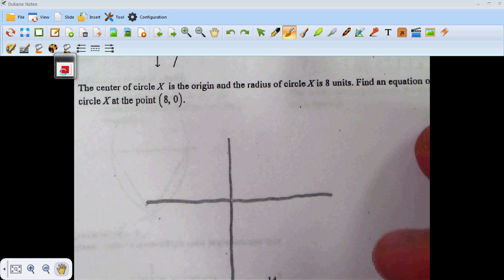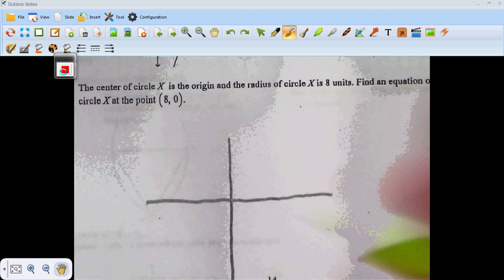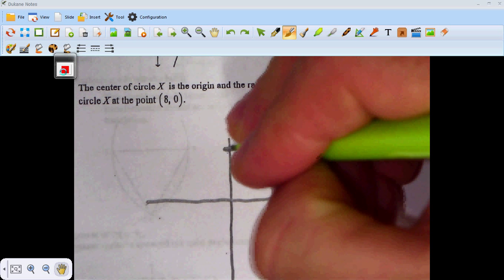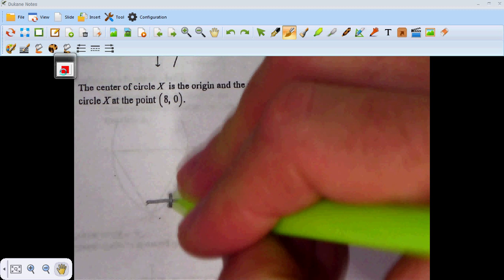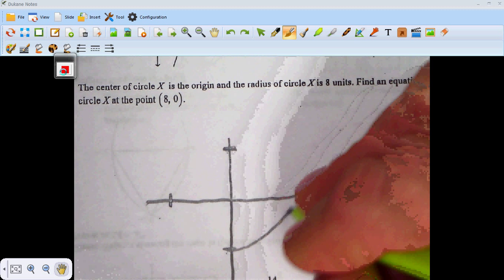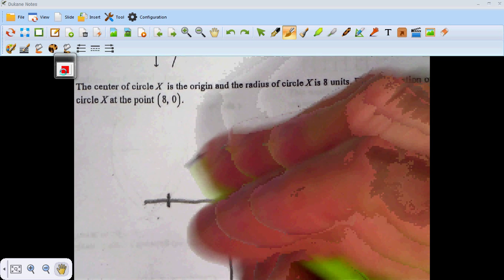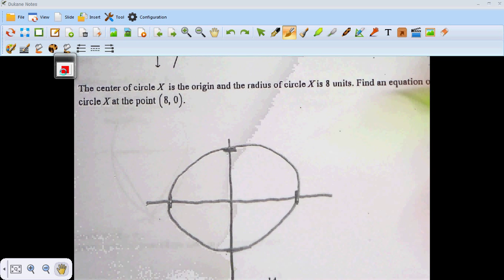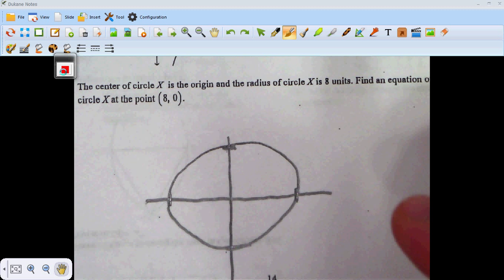Now, I have the center of circle X at the origin, and the radius of circle X is 8 units. So it's here, and I'm just marking these as 8, here and here. Again, it's not going to be a perfect circle, but you still get the idea.